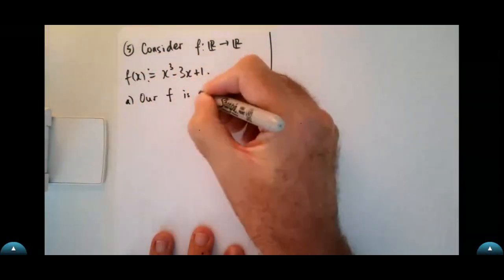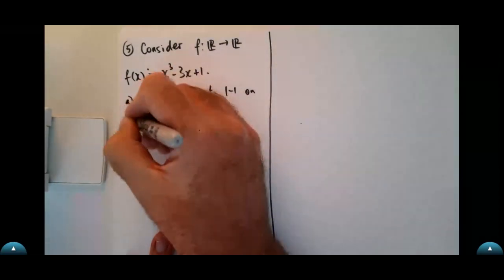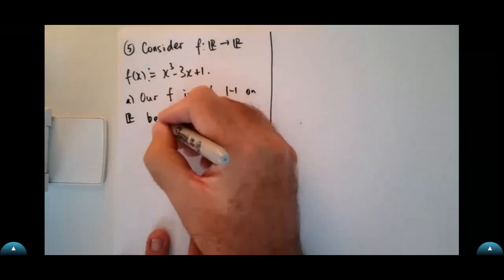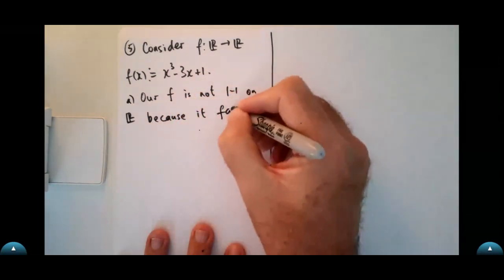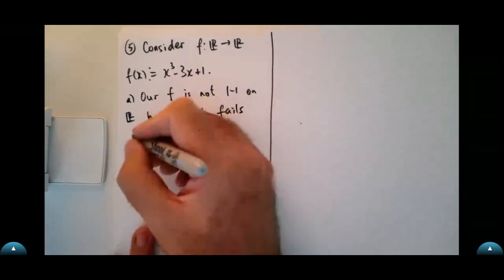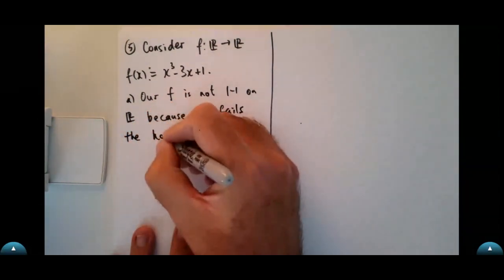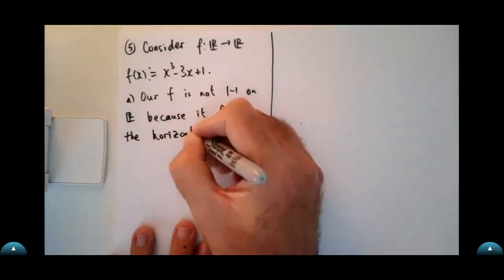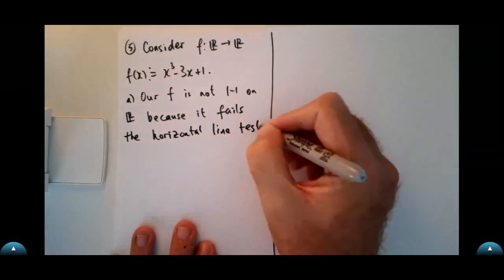So our f is not one-to-one on the whole of the real number line because it fails the horizontal line test.